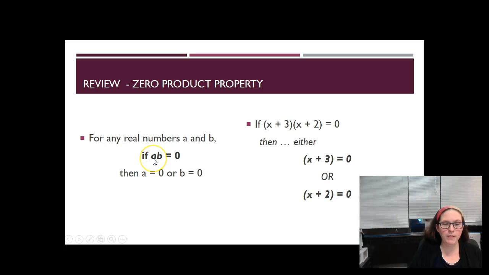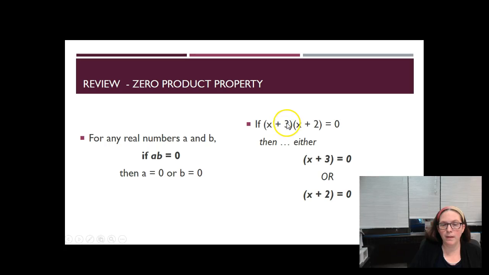For example, if we take a number times 12 and get 0 as an answer, we know that other number has to be 0. You cannot get 0 as an answer in multiplication unless you have 0 in your problem. We use that to our advantage when solving quadratic equations.